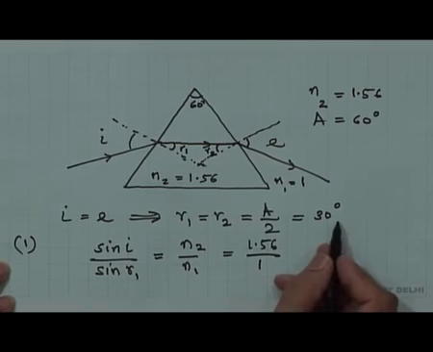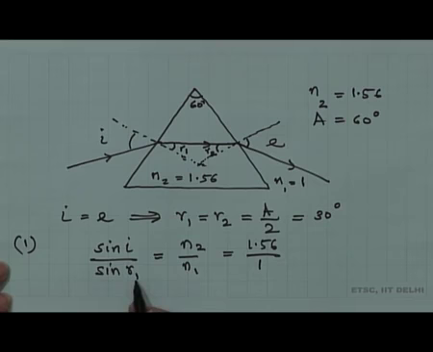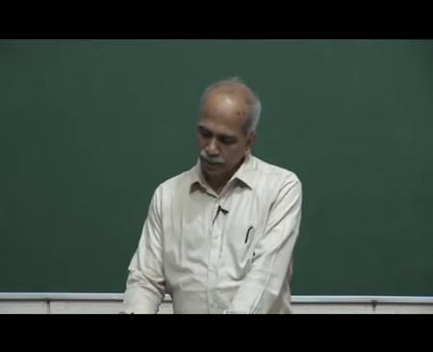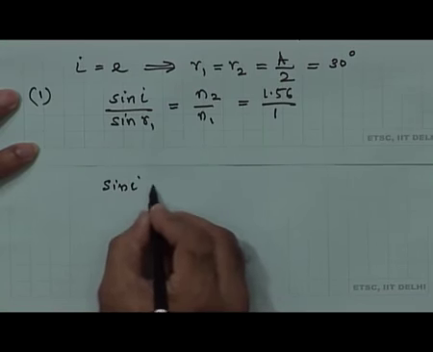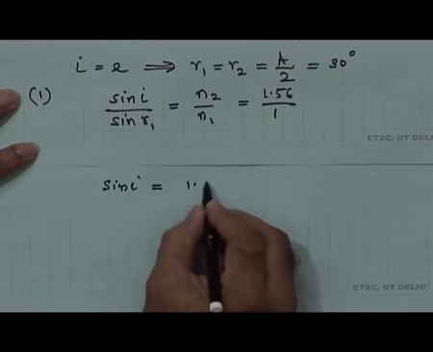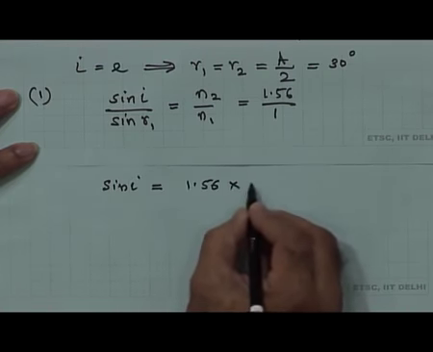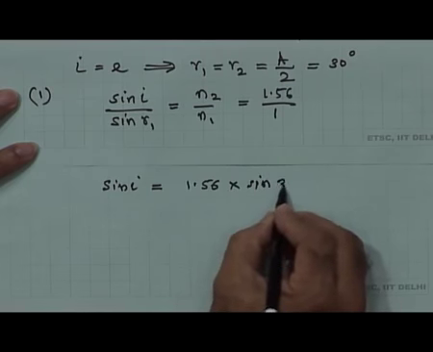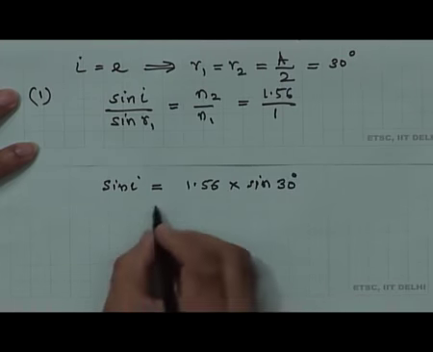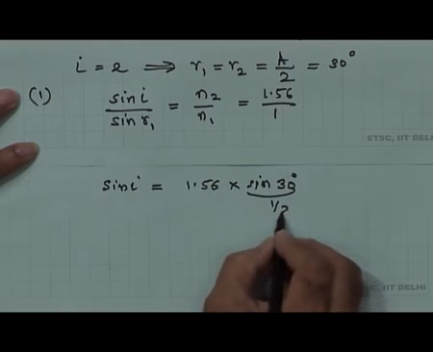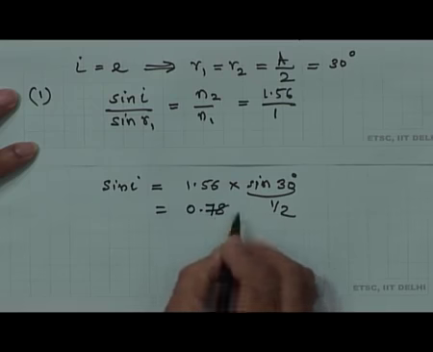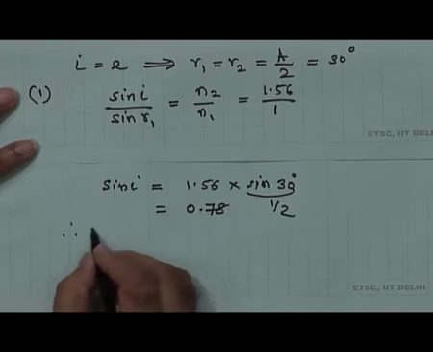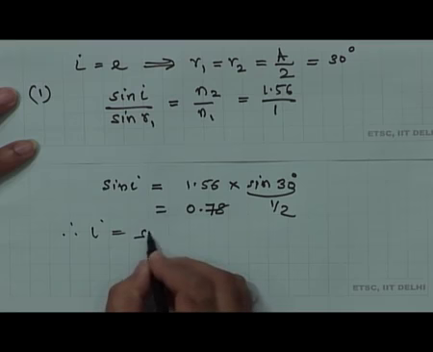R1 is 30 degree, therefore, sin R1 is half, that is 0.5. Therefore, sin I here is equal to 1.56 into sin 30 degree, which is half, and therefore, this is equal to 0.78, and therefore, I is equal to sin inverse of 0.78.